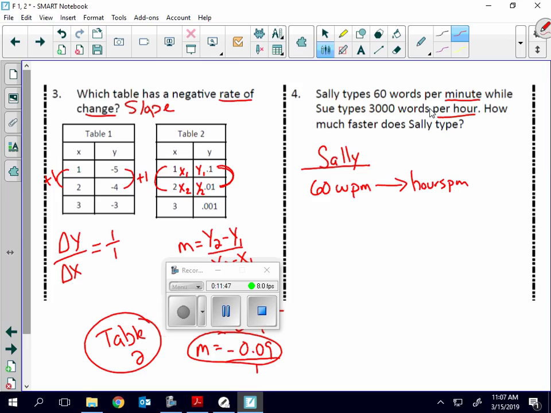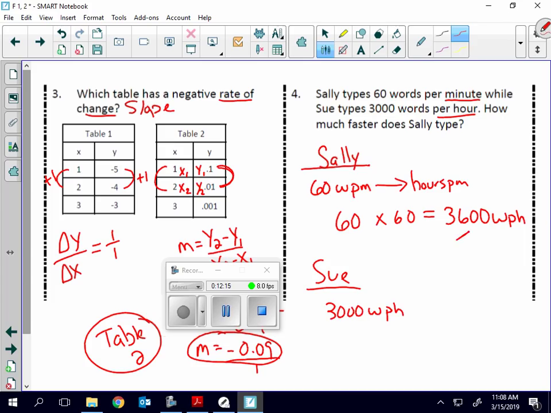It's going to get bigger, right? Because if she can do 60 per minute, there's more minutes in an hour, so we're going to multiply. How many minutes are there in an hour? 60. And that will give you 3,600 words per hour. And then Sue, of course it says it there, types 3,000 words per hour.